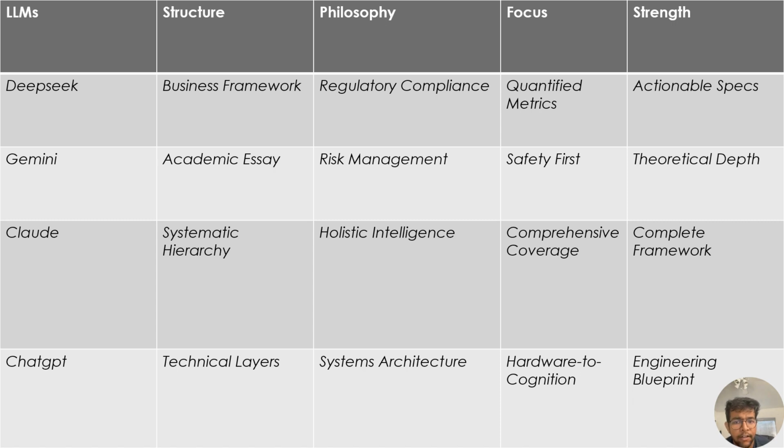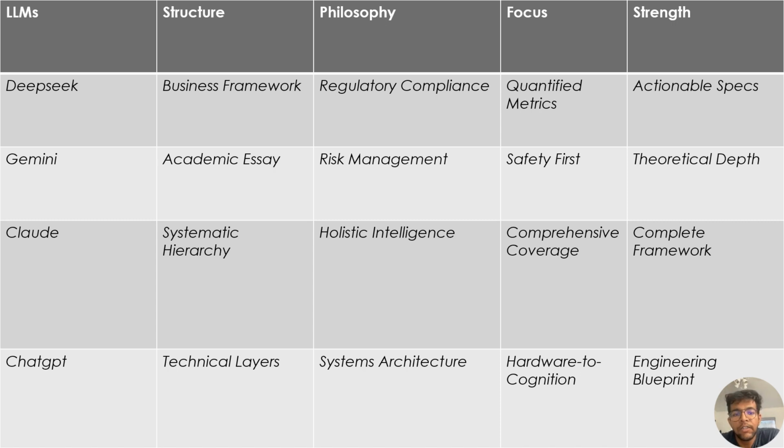Claude had hierarchical categorization, which reflects systematic engineering thinking, and it was the most holistic of all the documents. And ChatGPT's 5-layer architecture is oriented towards a computer science framework. These aren't just stylistic differences in requirement generation, they also represent structurally and fundamentally different ways to solve a complex problem and quite an undefined problem.